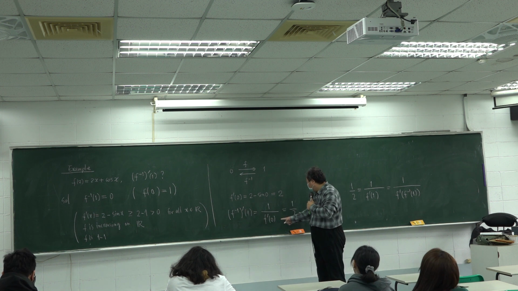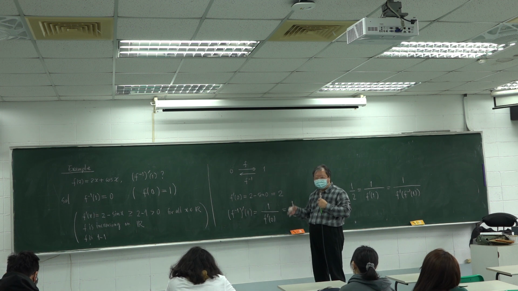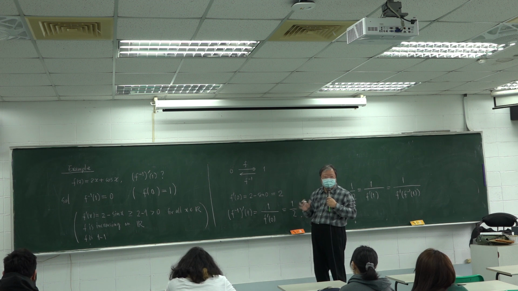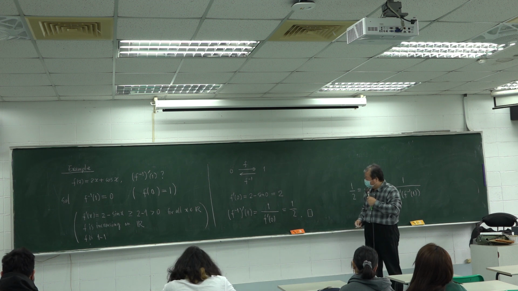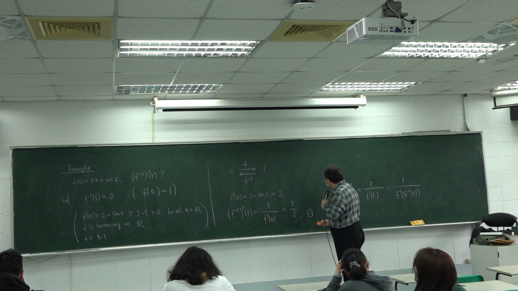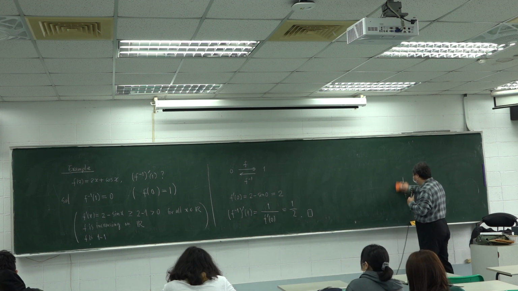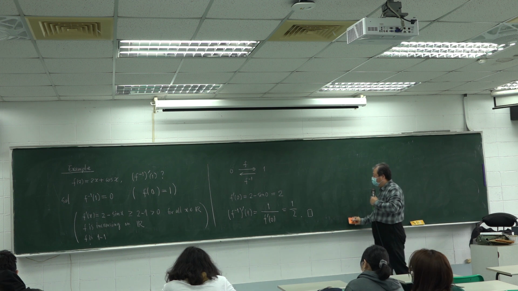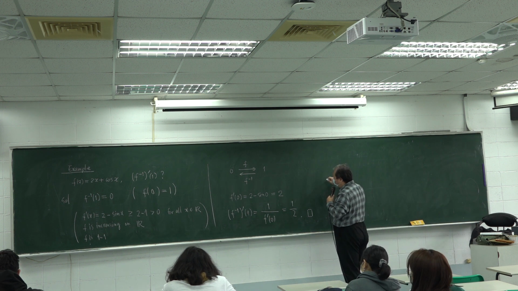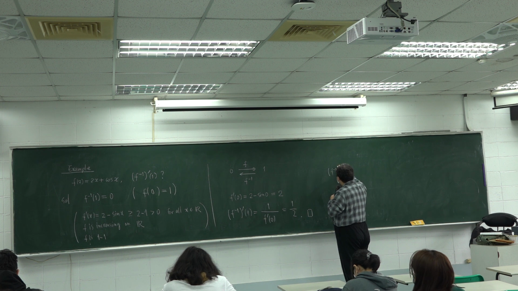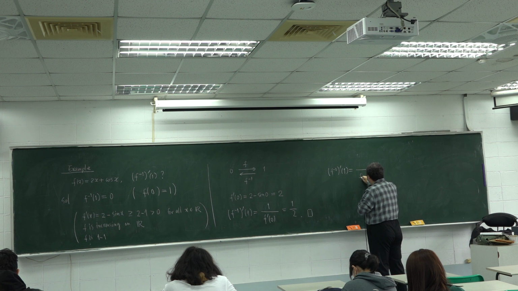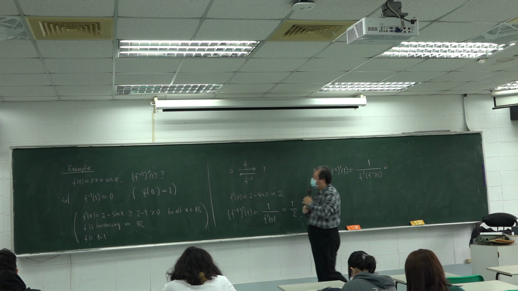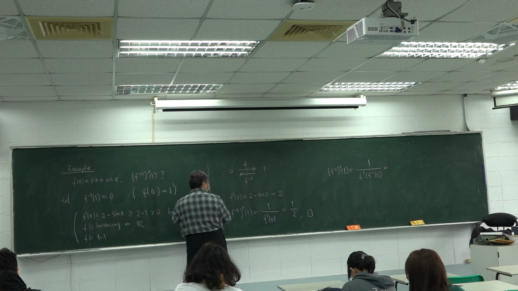This one and this one are reciprocal to each other, 互为导数和倒数. If you use the formula, f prime at, but f inverse of 1 is 0.